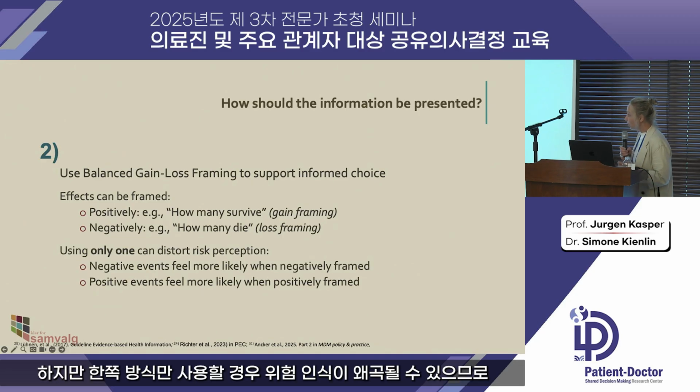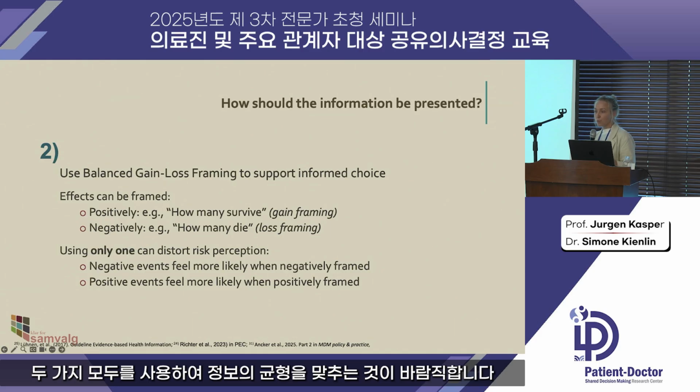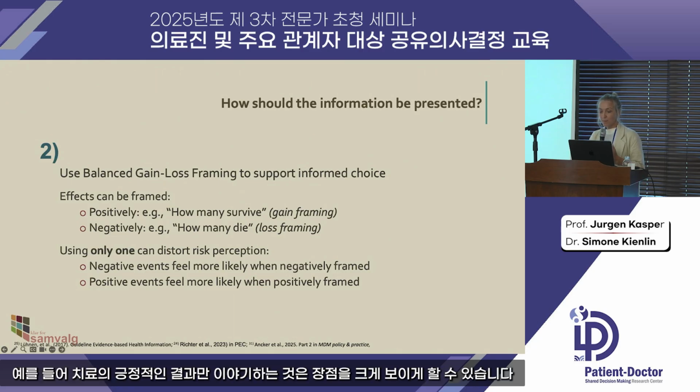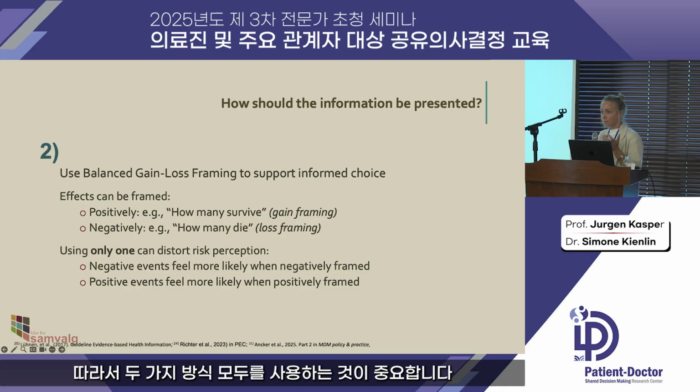Using only one of these can distort the risk perception. It's best to include both, so the patient can actually understand this. For example, explaining the benefits of a treatment in a positive framing makes the benefits seem bigger for the patient. So that's important for gain-loss framing.